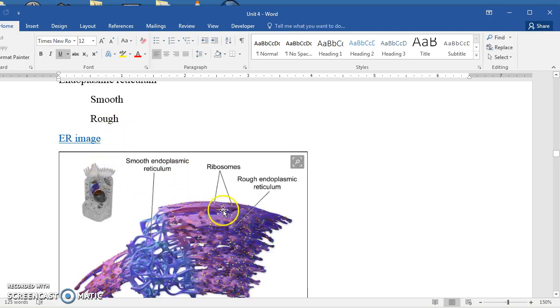Because ribosomes are present on the rough ER, ribosomes are responsible for helping with protein synthesis. So whenever you see ribosomes, it should trigger something in your mind to remember proteins are associated with those. The smooth endoplasmic reticulum is responsible for lipid synthesis and for breakdown of toxins.